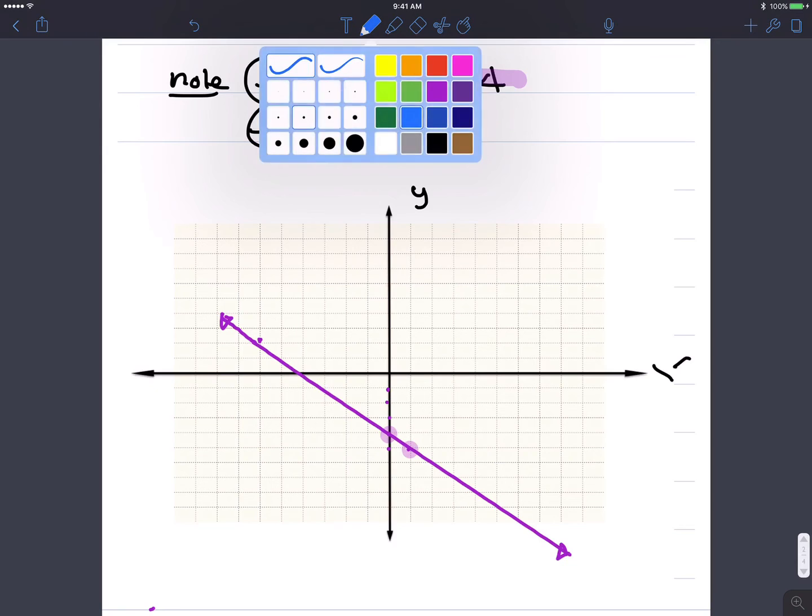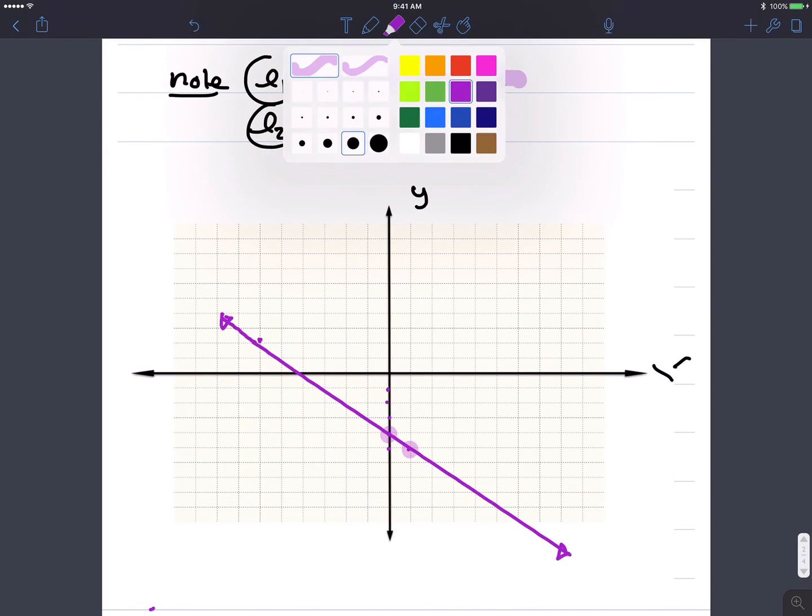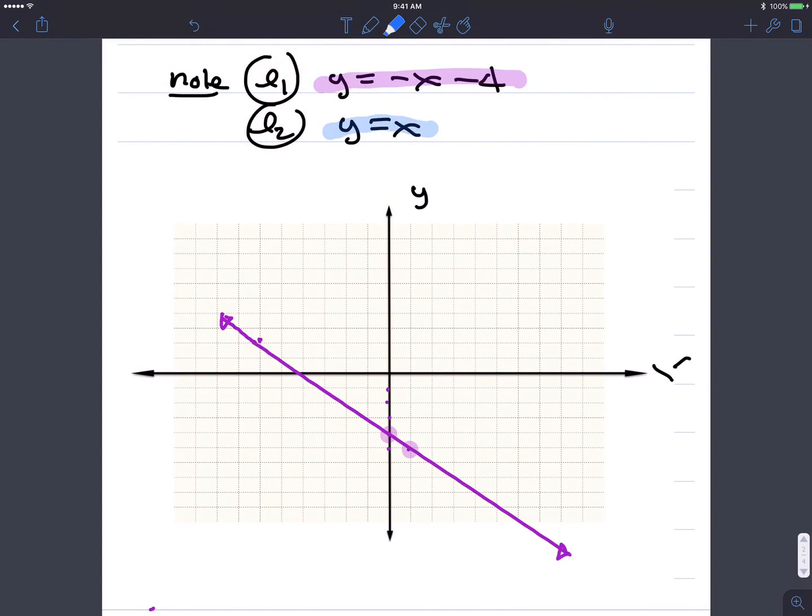Now let's look at the next line here. We'll paint this one in blue. Line 2 is y equals x. So y equals x has a y-intercept at 0, the origin. This is where we start. And it has a slope of positive 1, so I go up 1 to the right 1. So the next point is where you see here.